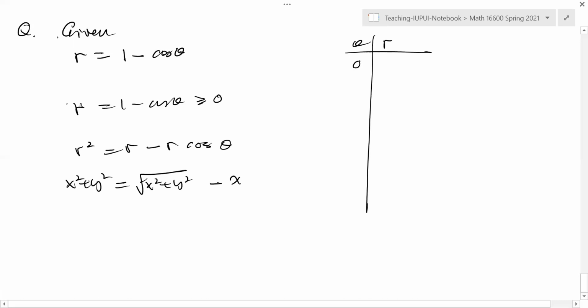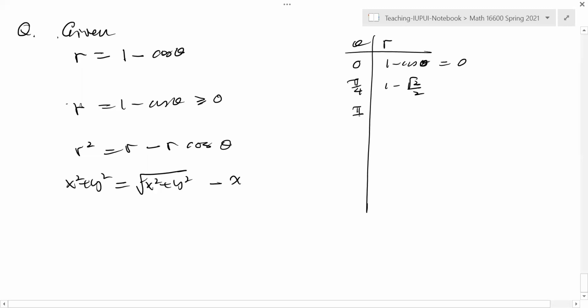So when theta equals 0, I have to choose some points. When theta equals 0, r equals 1 minus cosine 0. Cosine 0 is 1, so it's 0. That's the origin. When theta equals pi over 4, this is 1 minus square root 2 over 2, a positive number.